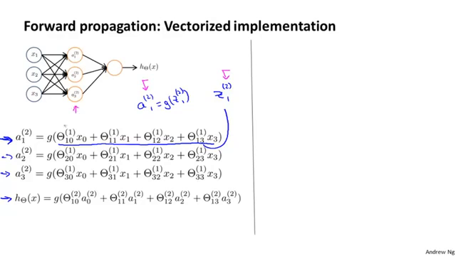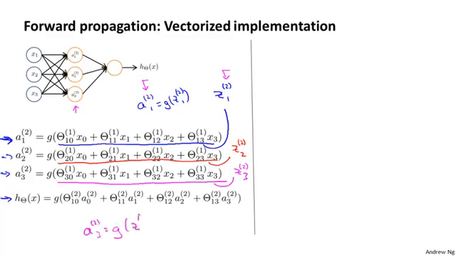Now, this term here, I'm going to similarly define as z_2^(2), and finally this last term that I'm underlining, let me define as z_3^(2), so that similarly we have a_3^(2) equals g of z_3^(2). So these z values are just a weighted linear combination of the input values x0, x1, x2, x3 that go into a particular neuron.